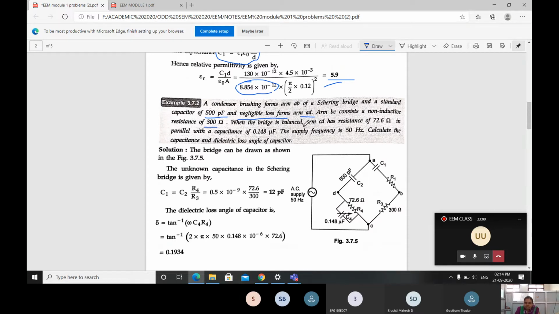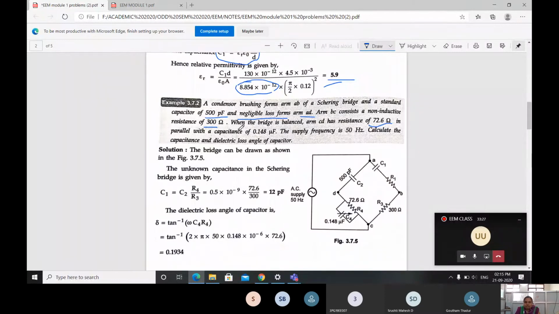When the bridge is balanced, arm CD has a resistance of 72.6 ohm in parallel with a capacitance of 0.148 microfarad. The supply frequency is 50 Hz. Calculate the capacitance and dielectric loss angle of the capacitor. This is the question that is asked.